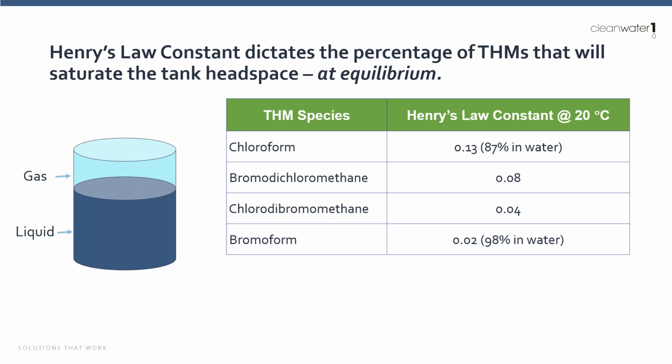The more brominated species of trihalomethane have different Henry's constants, and the more brominated they are, the less volatile the THMs are, bromoform being the least volatile with a Henry's constant of 0.02, which means 98% of the bromoform is going to be in liquid phase, only 2% in gas phase.